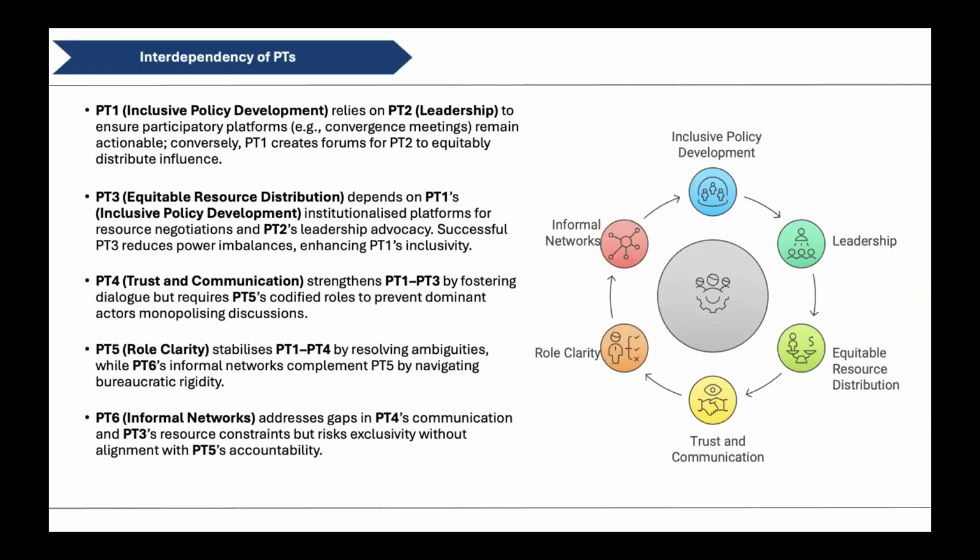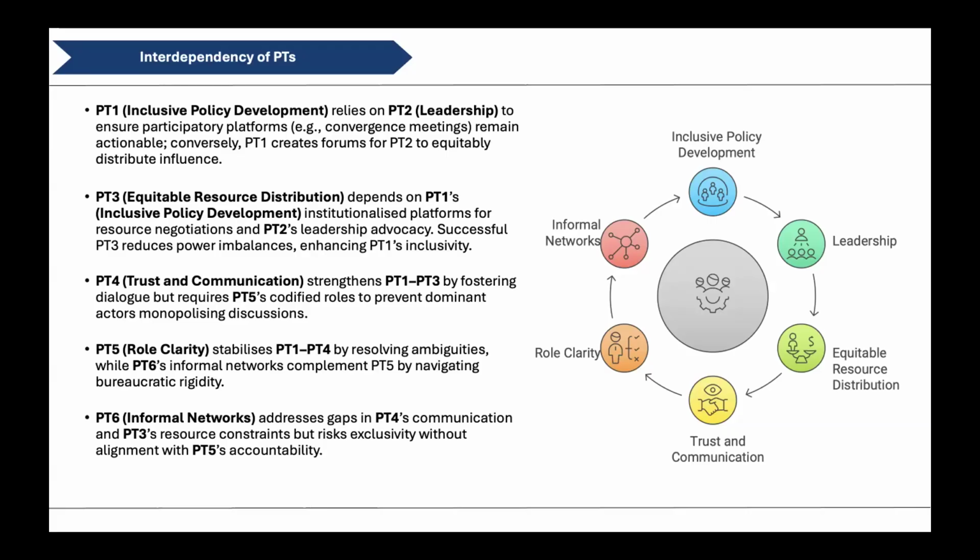With that, I also found a very nice relationship among these program theories. For example, I revised all my 6 program theories. If somebody wants to use them, they really need to understand the relationship between all these program theories. For example, my first program theory, on inclusive policy development, completely relies and depends on leadership. If there are leadership structures, then only this inclusive policy development might operate.